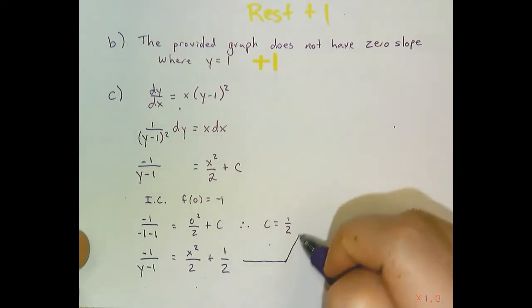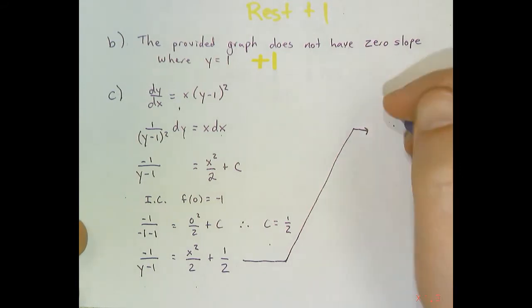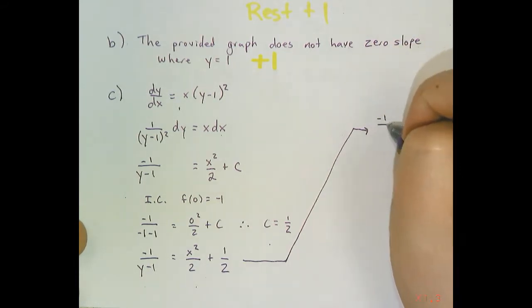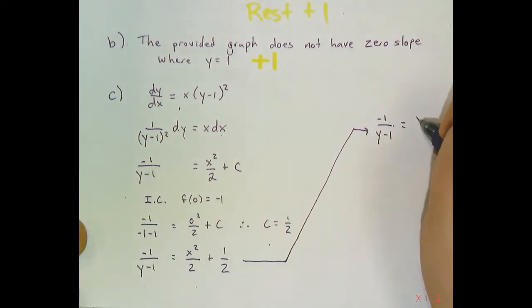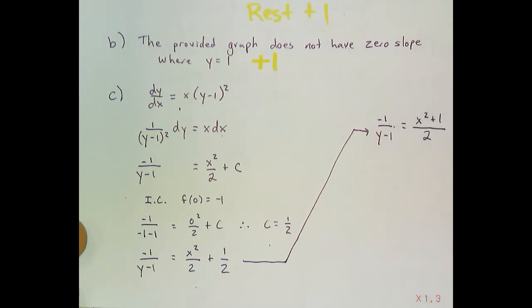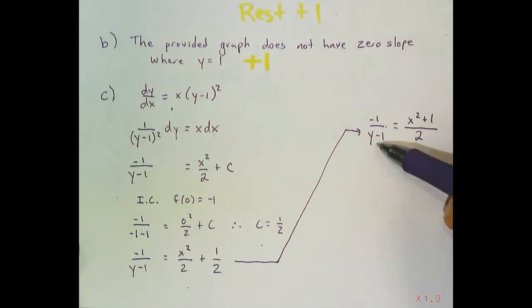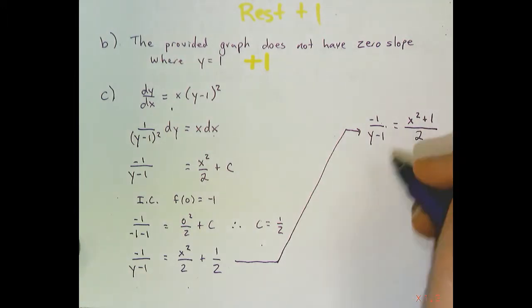Combining the right side into a fraction, these have the same denominator, so what we have is one fraction equaling another fraction. And we can essentially cross-multiply this problem if we wanted to, or take the reciprocal of both sides.